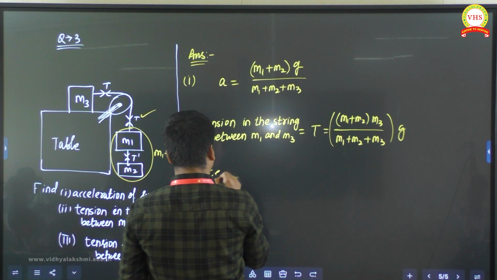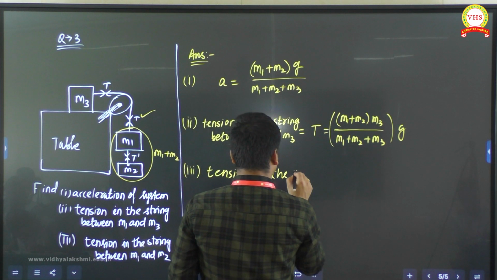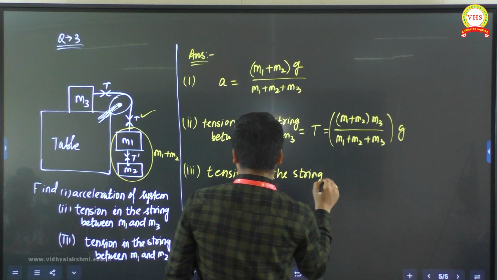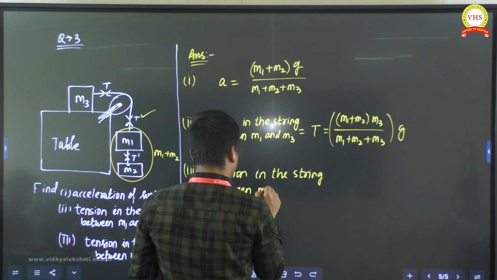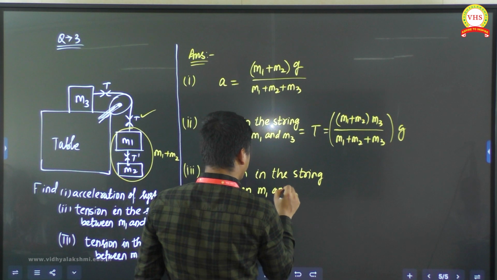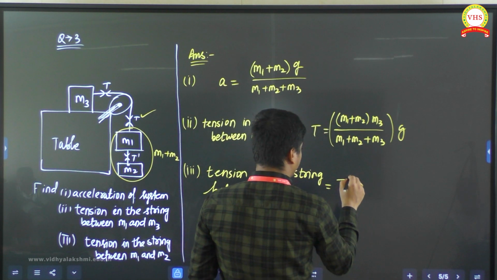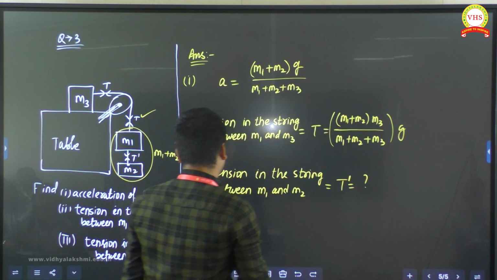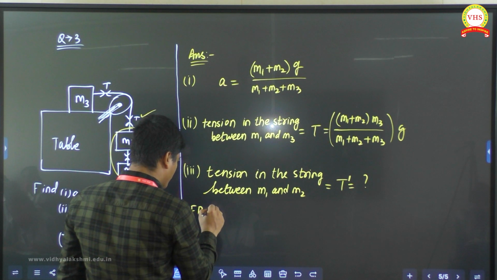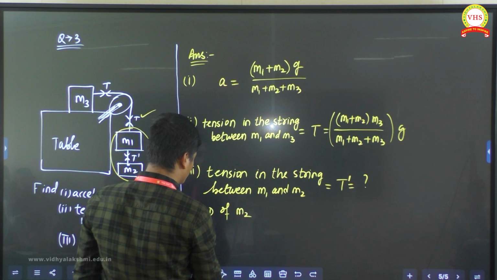So now write: tension in the string between M1 and M2, T prime equal to how much, you have to find this one. For that, what you do? Now free body diagram of M2 you do.